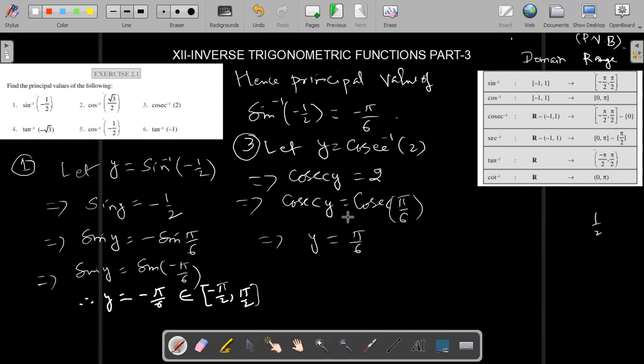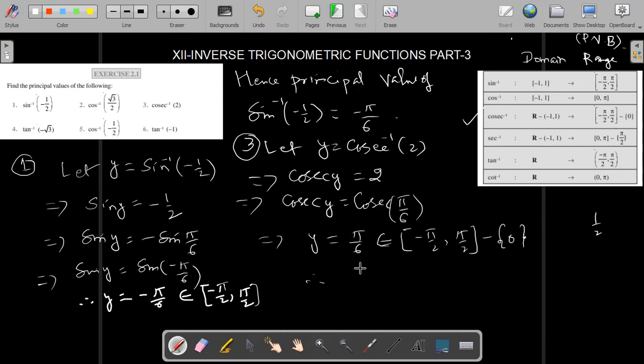And now check whether pi by 6 belongs to this interval. For cosec inverse, the interval is minus pi by 2 to pi by 2, except 0, because at 0 it will give infinity. So yes, it is belonging to this range.